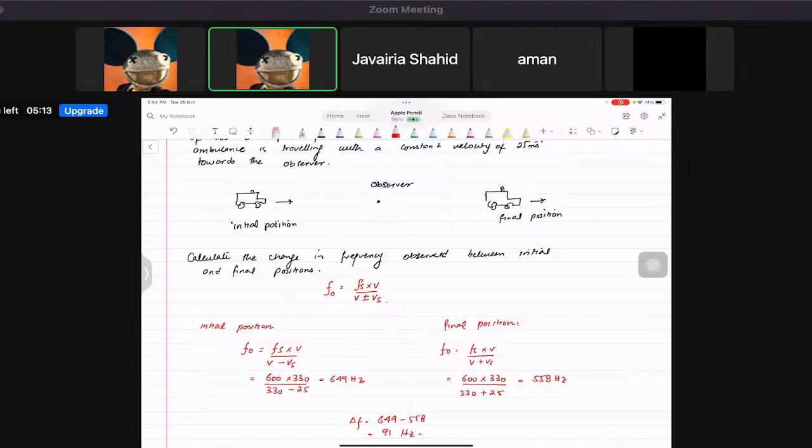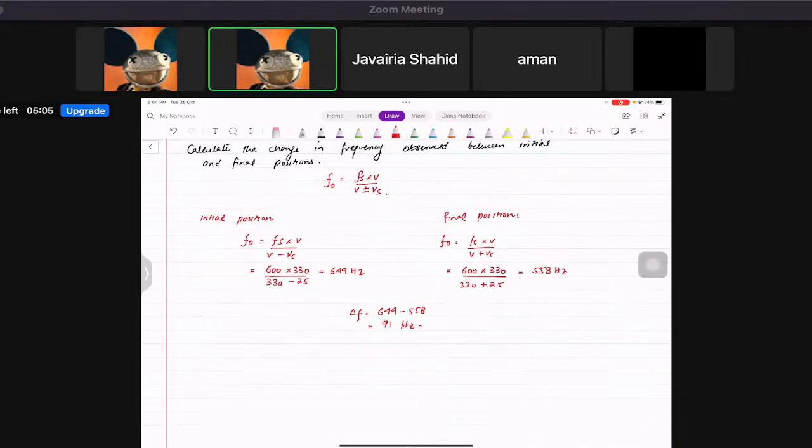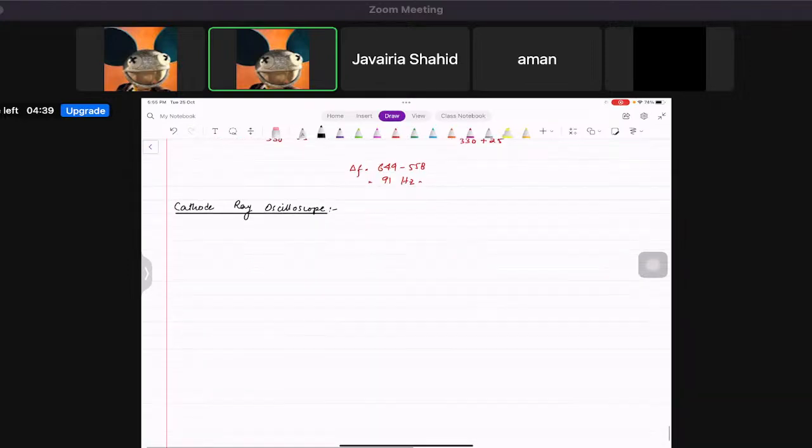Okay, well, that's good. Now the last thing you're going to do today is something called cathode ray oscilloscope. Now cathode ray oscilloscope is basically used to detect waves or any signals, energy, sort of like that, and displays it as a waveform on the screen.